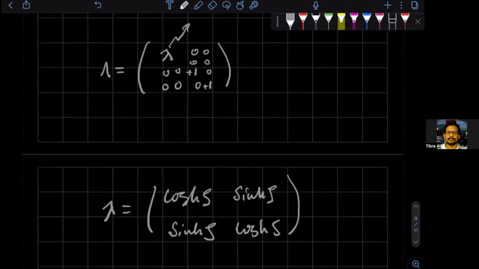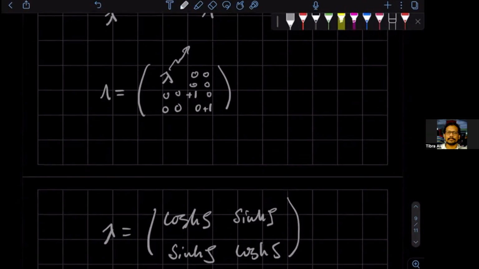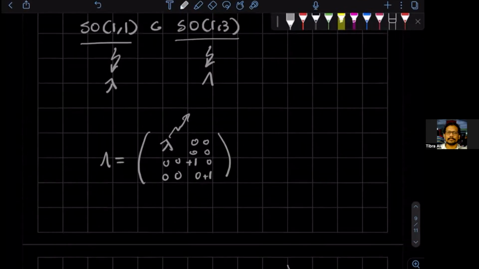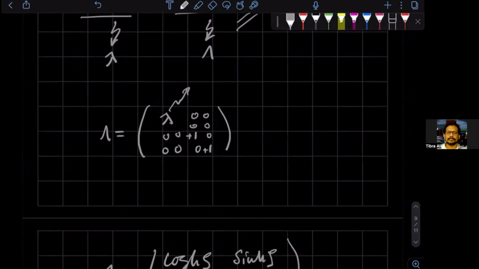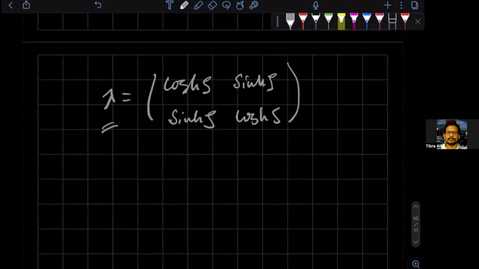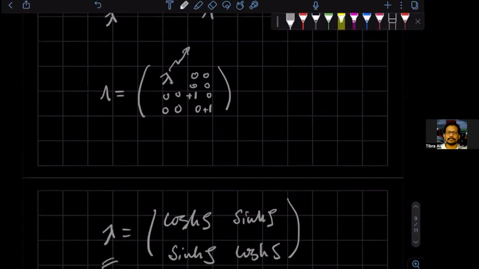So there are going to be many embeddings of this group inside this group, corresponding to boosts along x, y, and z direction, right?